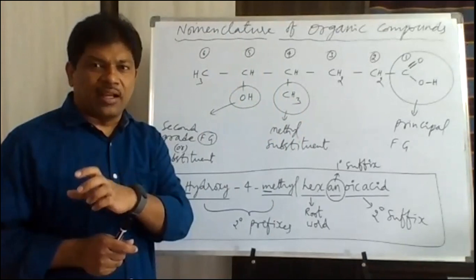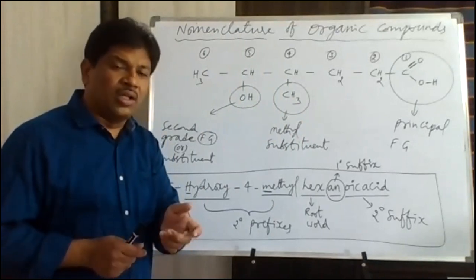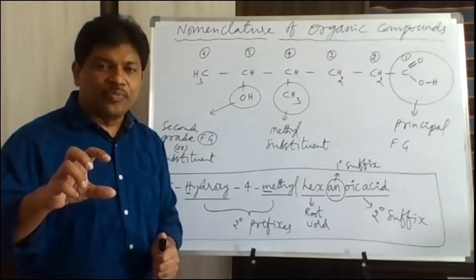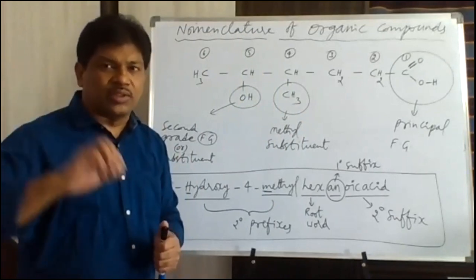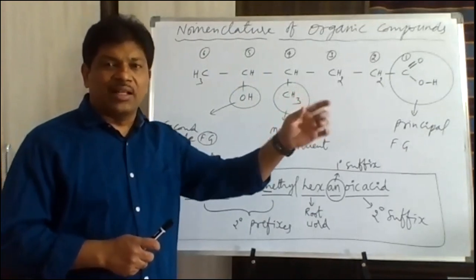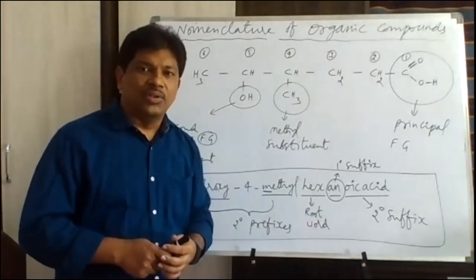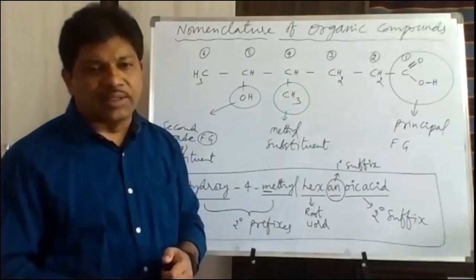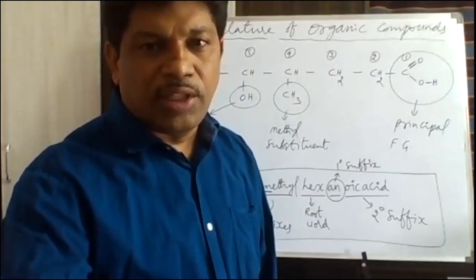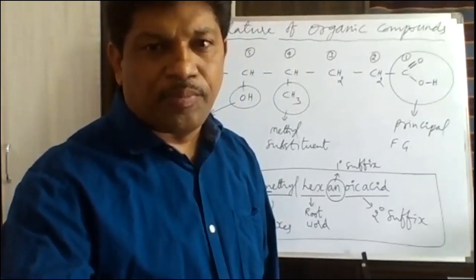For any substituent, the secondary prefix name is used. For the principal functional group, the secondary suffix name is used. So different parts we are going to discuss now, with the help of the PPT.